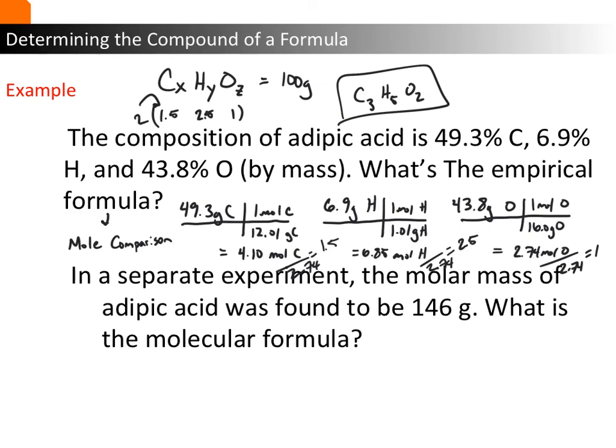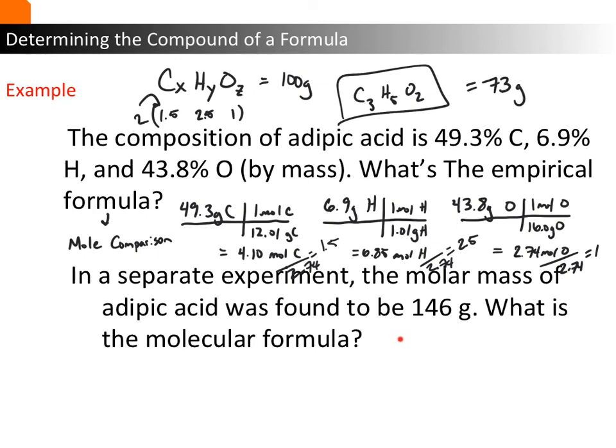To finish up this problem, let's answer the second question. It says, in a separate experiment, the molar mass of adipic acid was found to be 146 grams. What is the actual molecular formula of adipic acid? Well, let's go back to the empirical formula up here. If I calculate the molar mass of the empirical formula, I take 3 times 12 plus 5 times 1 plus 2 times 16, that would give me 73 grams.